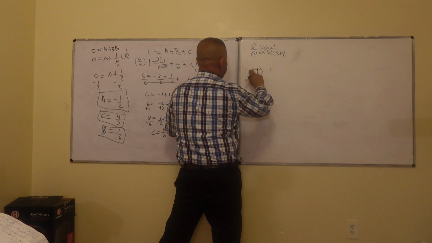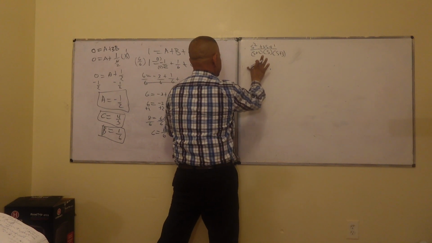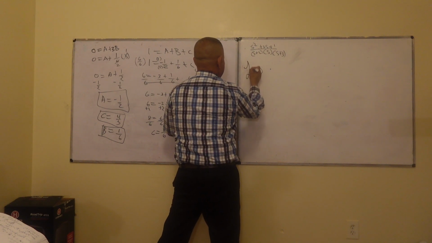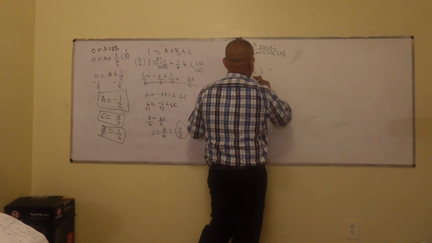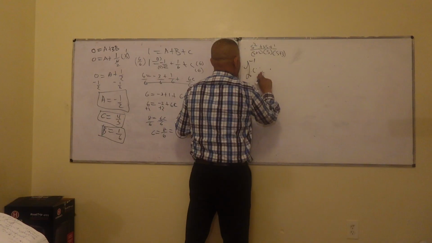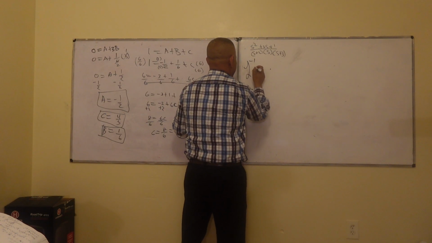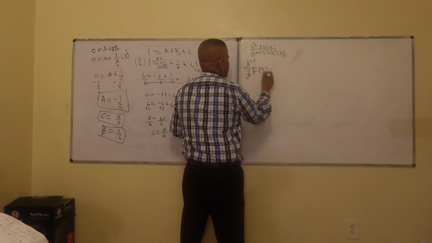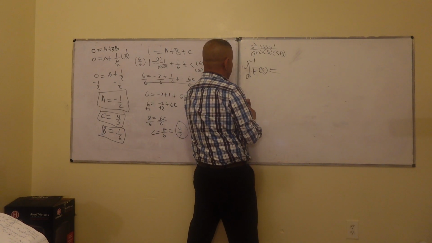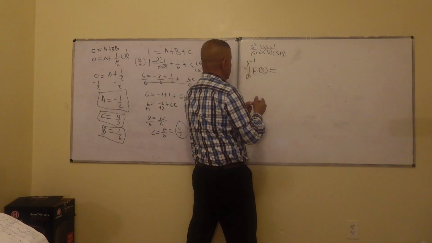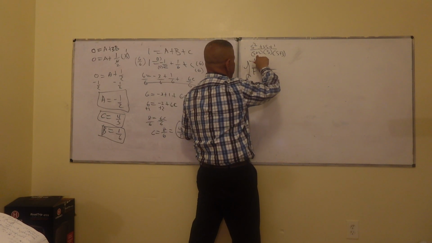So you can put the inverse Laplace transform of F of s is equal to what? Let's do it this way. This one is going to be a -2. Why?